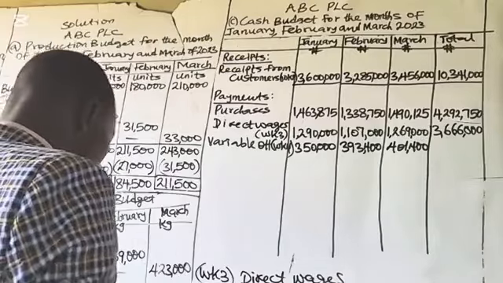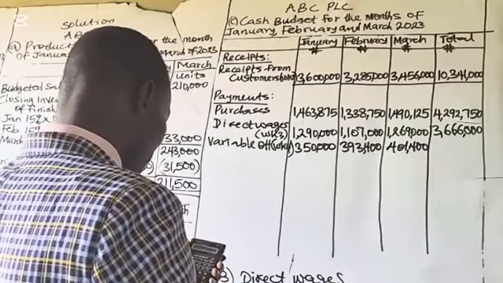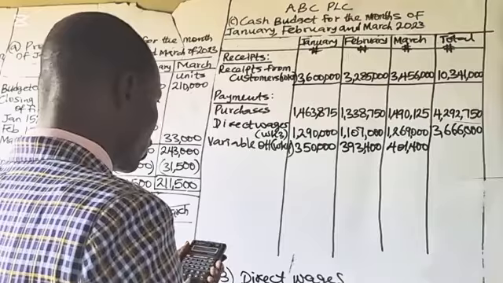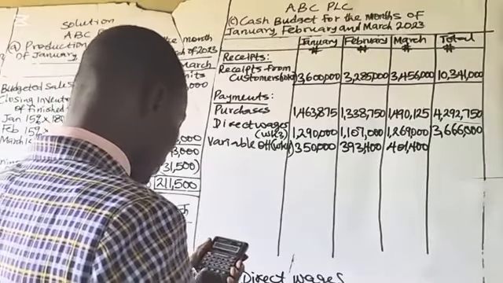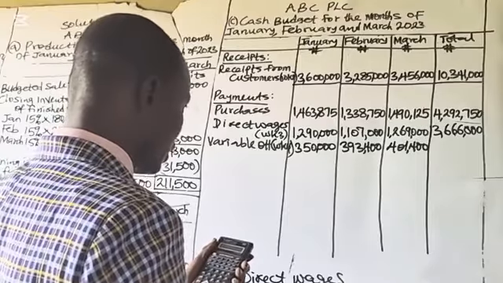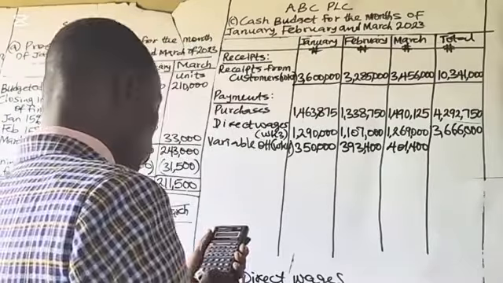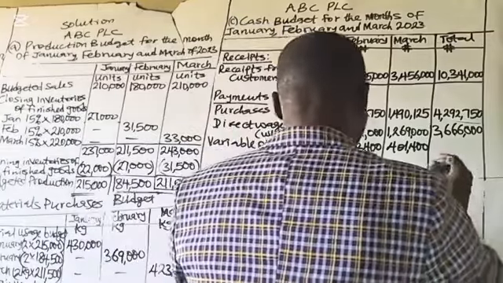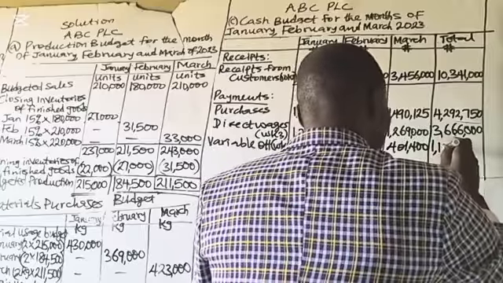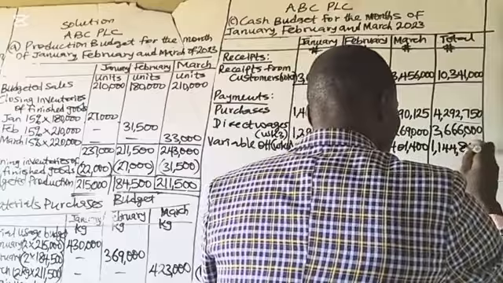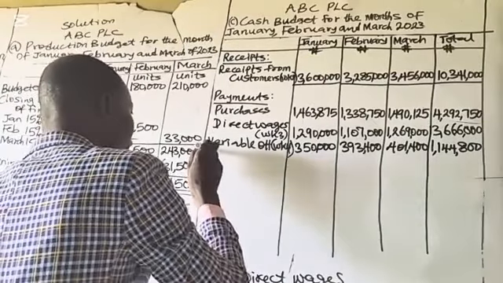So if you sum up the three amounts, 350,000 plus 393,400 plus 401,400, the amount paid in the first quarter of the year 2023 amounted to 1,144,800.